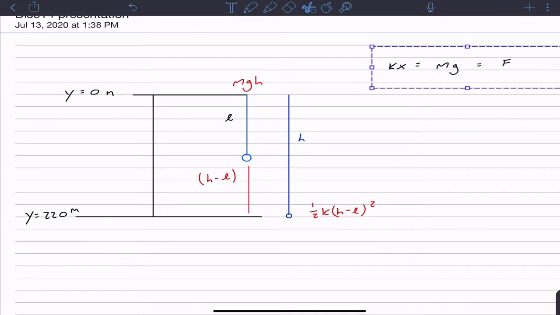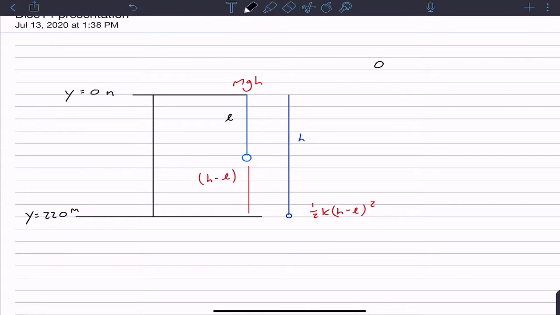Let me rewrite this. We're going to sum up the forces. We hang the mass into equilibrium, that's what we're told happens, right? So we're in equilibrium, and we have Hooke's law for the spring, and we also have an opposing force, mg. So in equilibrium, we have kx is equal to mg.